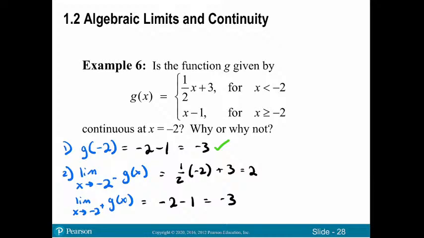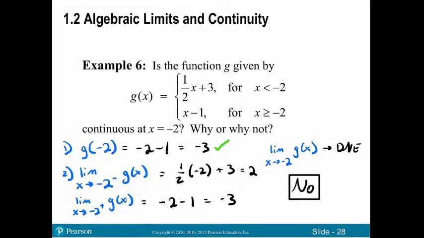So what this means is that the limit as x approaches -2 of g of x does not exist. Does not exist. So then, is it continuous? We would say no, because the limit doesn't exist. We can stop there. We don't need to go any further.